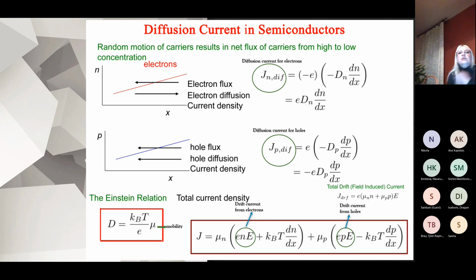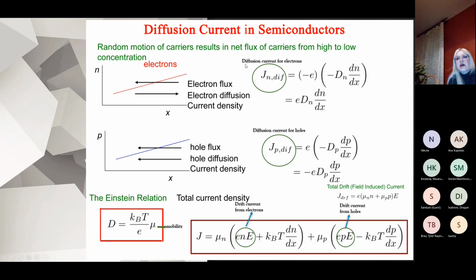And here we're going to see what the diffusion current in semiconductors looks like. Here, for electrons depending on the position, the red line is just the concentration. We can see that this curve goes from the higher concentration to the lower concentration, and that also means the electron flux goes in that direction.